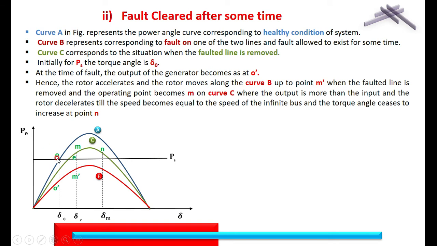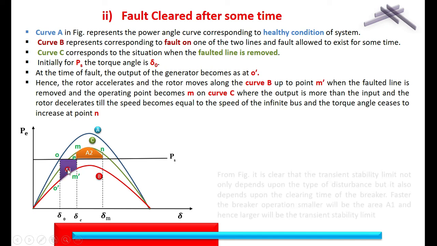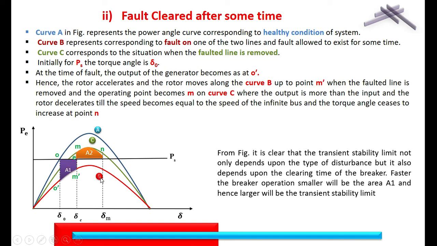That is very simple. That is O to O dash. If you do not clear the fault, it loses its synchronism. But when it comes to point M dash, suddenly the fault is cleared, then the operating point shifts to the post fault curve, that is to M. Then from M onwards, because of the inertia it moves to N, and ultimately it settles at the point E. There are two areas, A1 and A2, they are equal, therefore the system is in the stable condition.